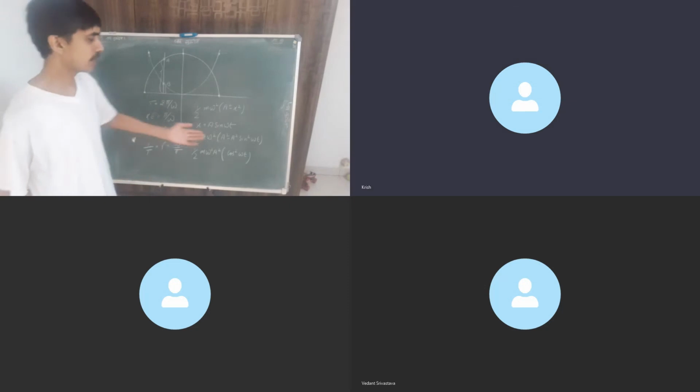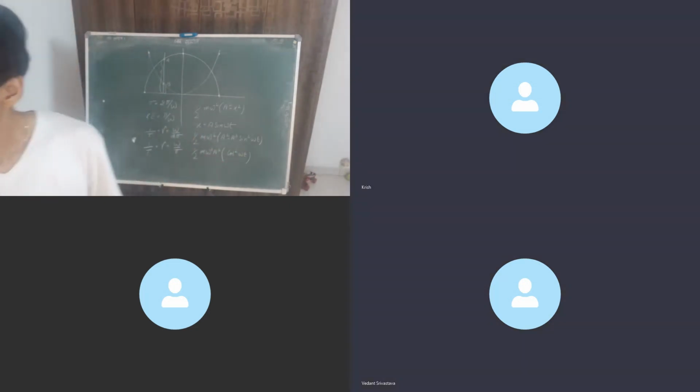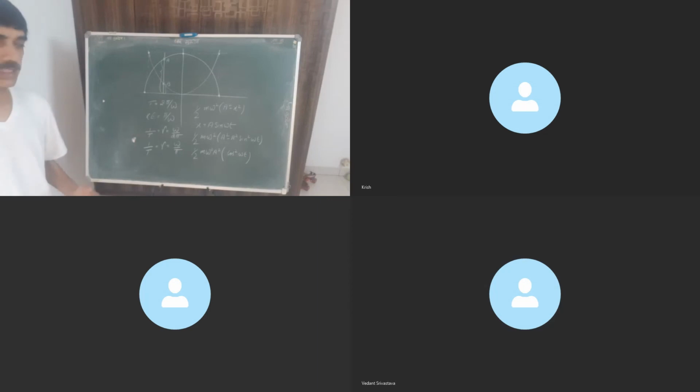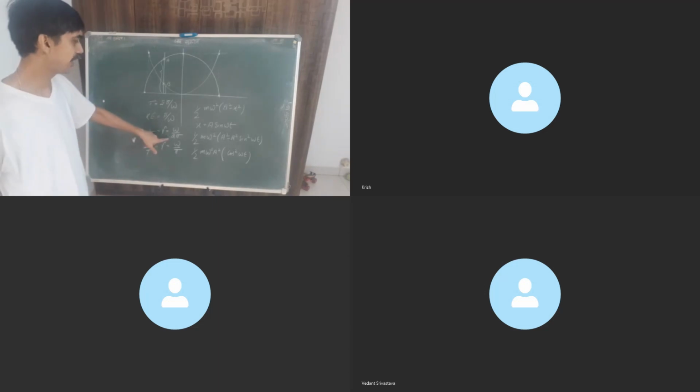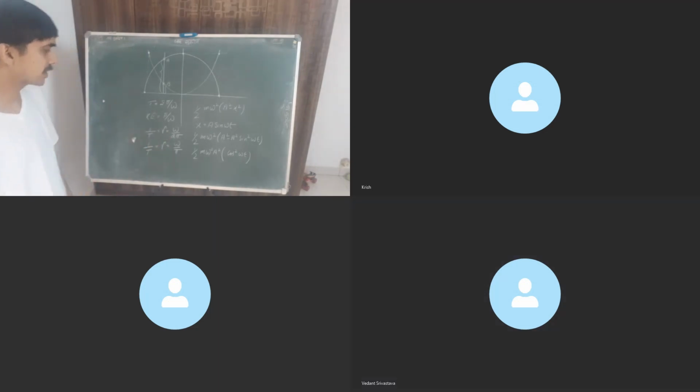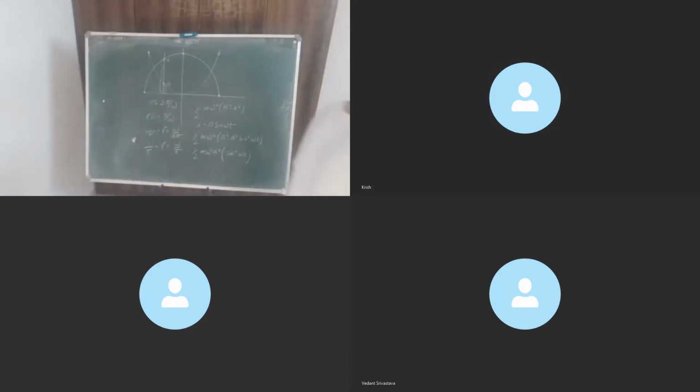Here it is cos square, there will be sine square, correct? So there is no exception to what you got for kinetic energy. Both have the same frequency. The frequency of x is different, half of them, correct? Okay, good enough.